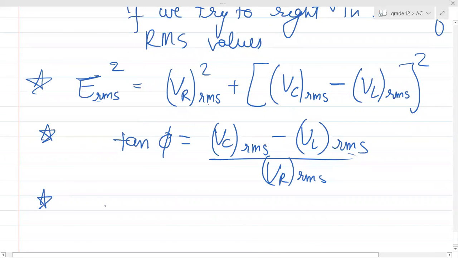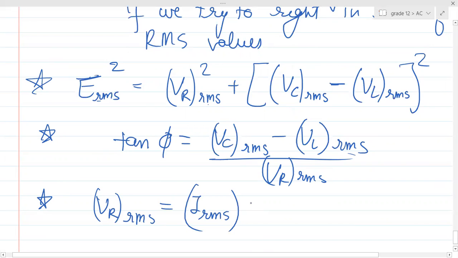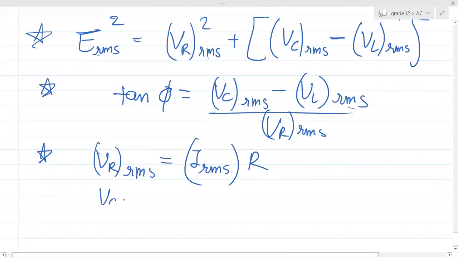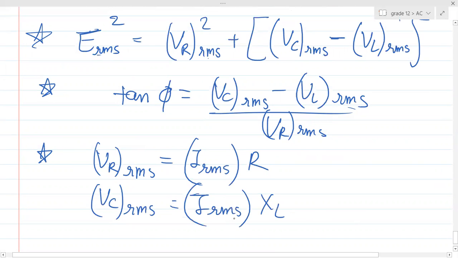Please remember this particular thing also: V_R RMS will basically be I RMS into R. Similarly, V_L RMS will be I RMS into XL. In place of I naught, I have written I RMS. That's the only change I have done.